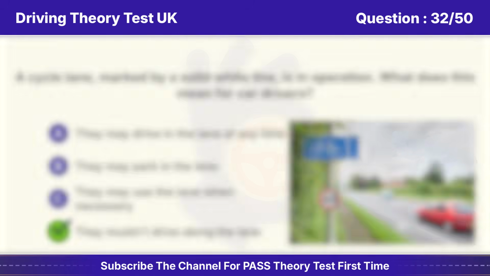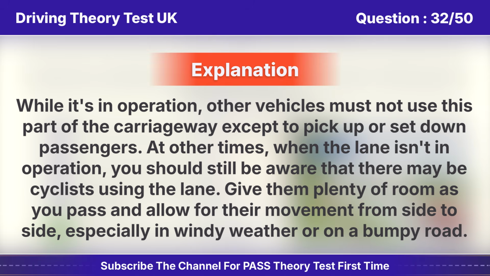While it's in operation, other vehicles must not use this part of the carriageway except to pick up or set down passengers. At other times, when the lane isn't in operation, you should still be aware that there may be cyclists using the lane. Give them plenty of room as you pass and allow for their movement from side to side, especially in windy weather or on a bumpy road.